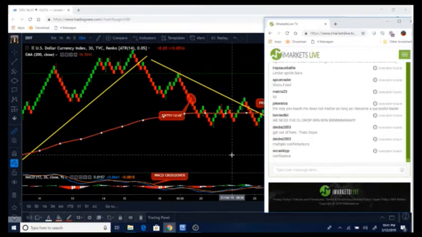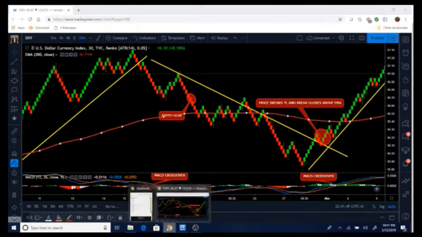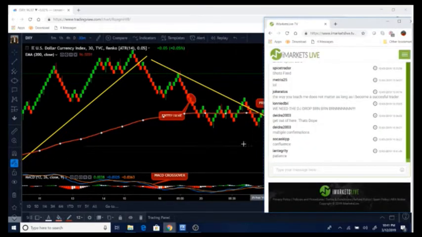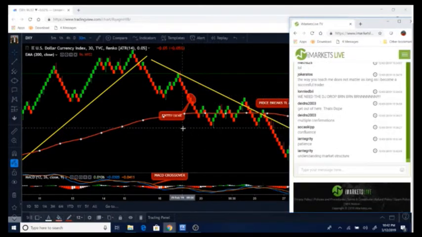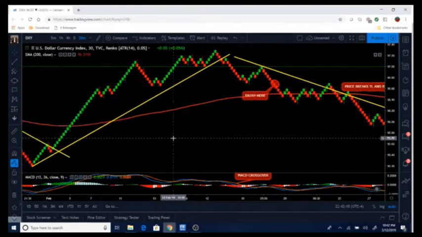It's all relative. It all works, as you guys can see. This is all about taking your game to the next level, using simple strategies, simply understanding market structure, and being able to put all this together.